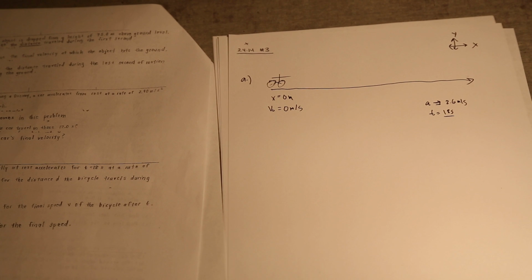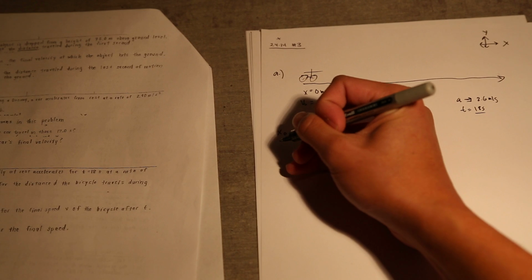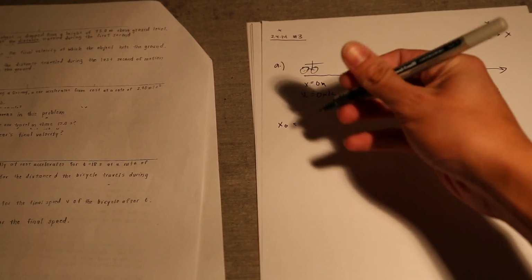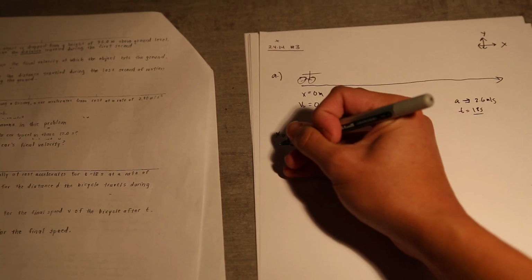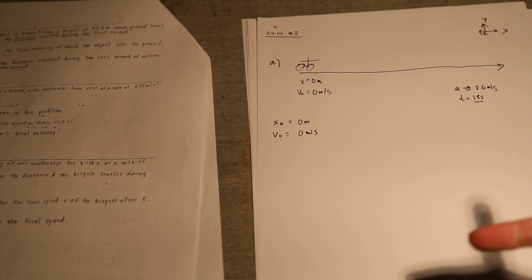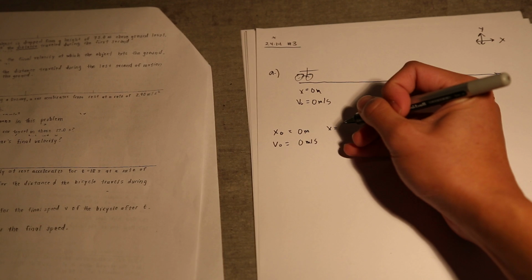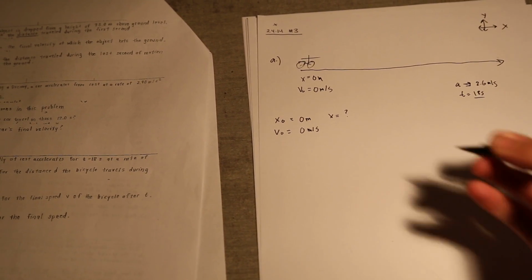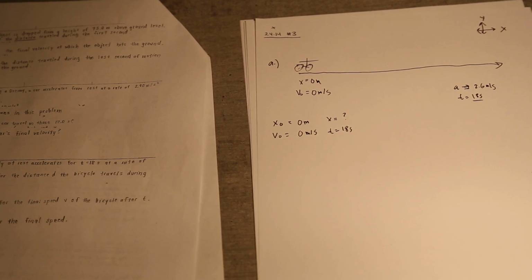We're going to start off by writing our knowns and unknowns. So we have x naught. We know what x naught is, 0 meters, because once again the bike is at rest. V naught equals 0 meters per second, because the bike is still at rest. We're solving for the final distance, so we don't know what that is. We know what time is: 18 seconds, given in the problem.